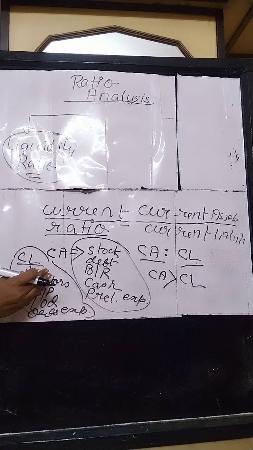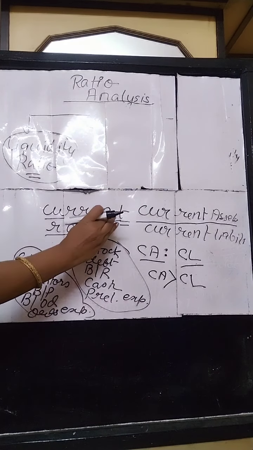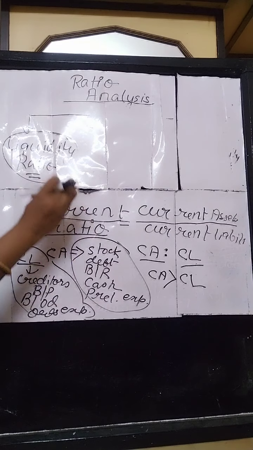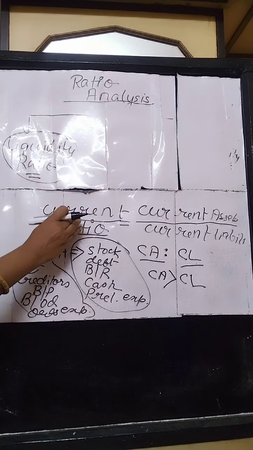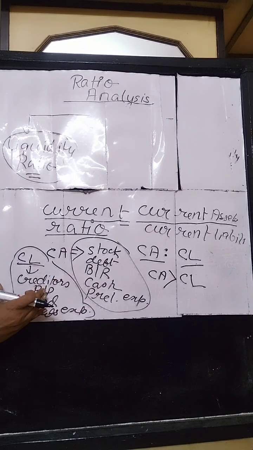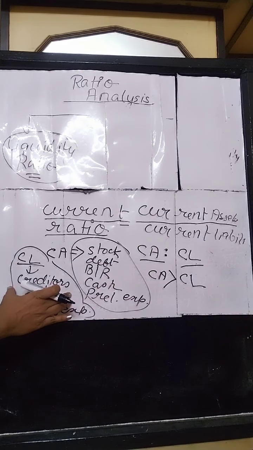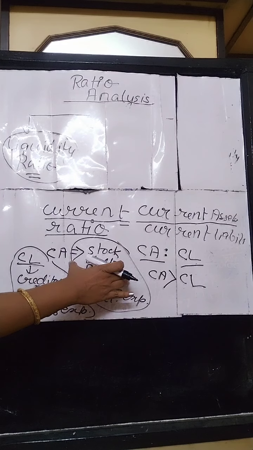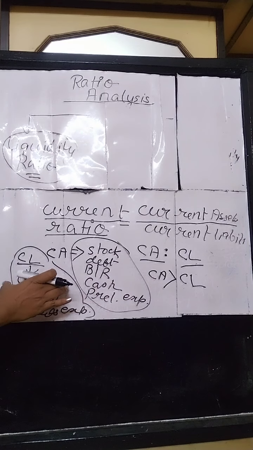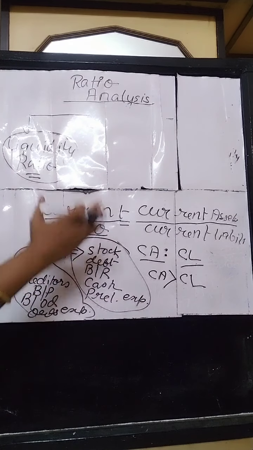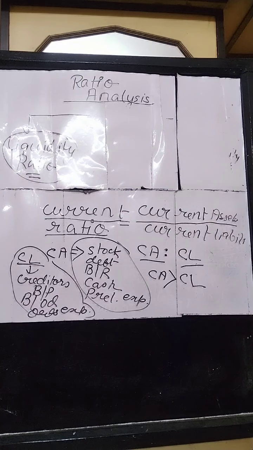It is desirable to have more current assets than current liabilities, because current assets must be enough to pay off the liabilities of a firm. So, this is all about current ratio.